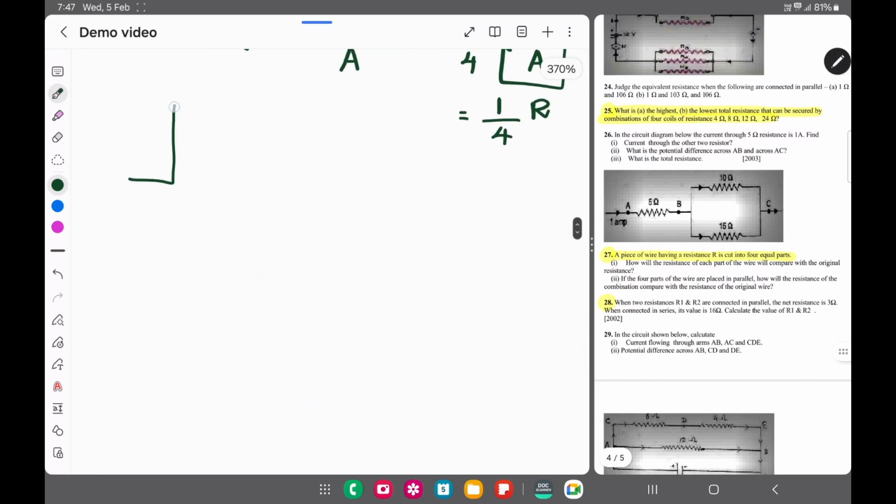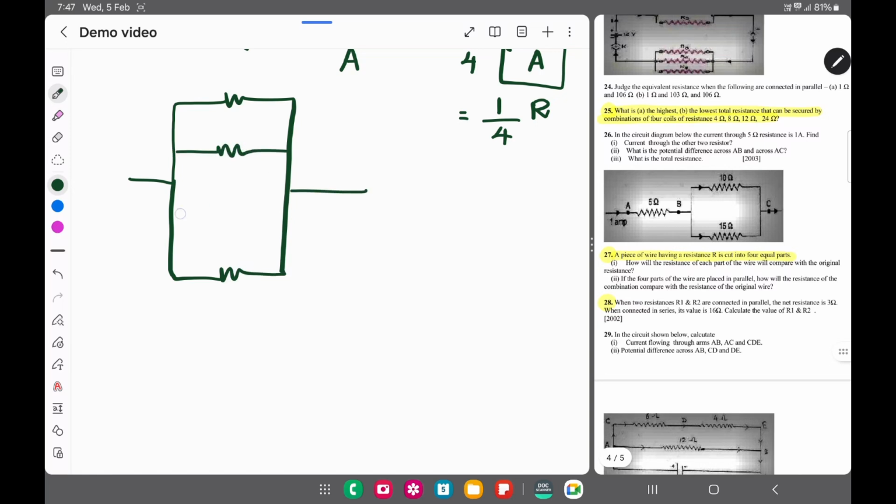So let's consider these 1, 2, 3 and 4. Each one's resistance is R by 4. Right? So all these are connected in parallel. Now look, all these resistors have equal resistance. Am I right? Equal resistance in parallel combination.